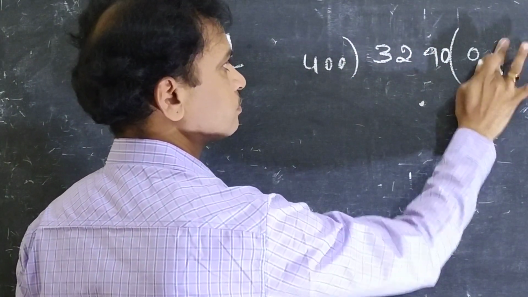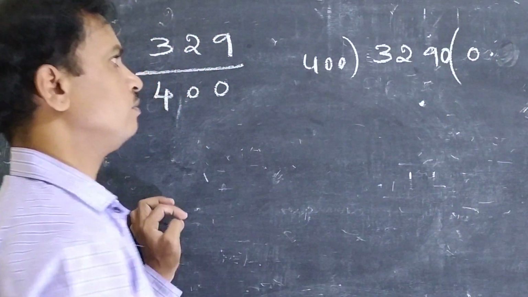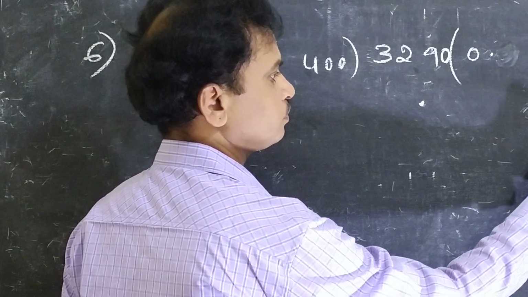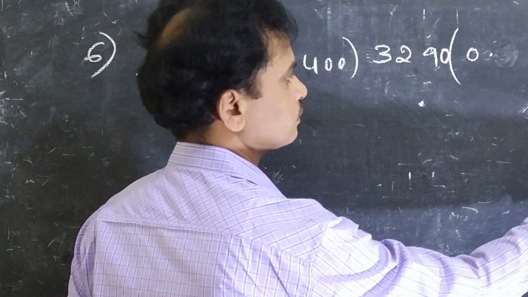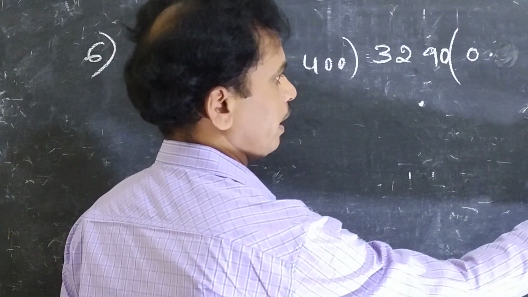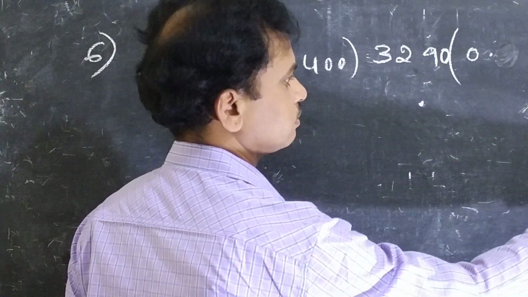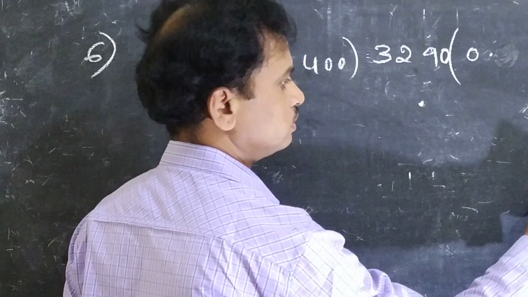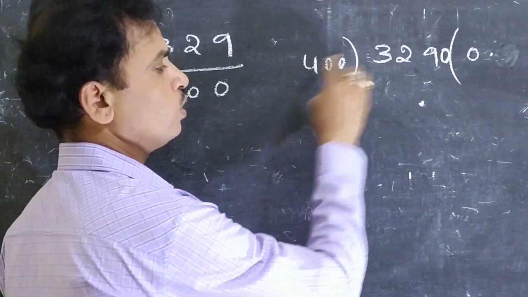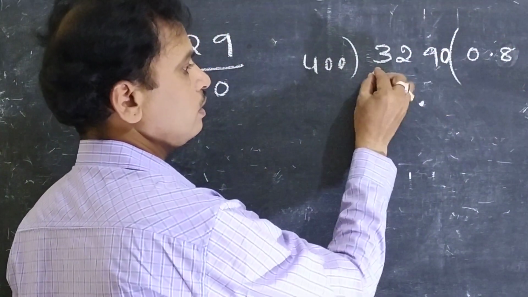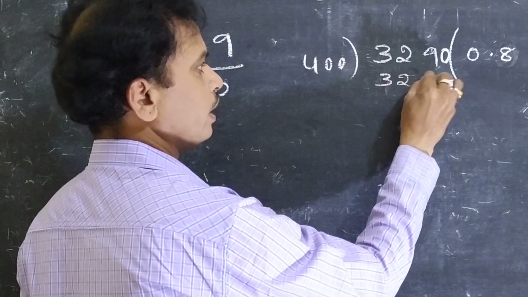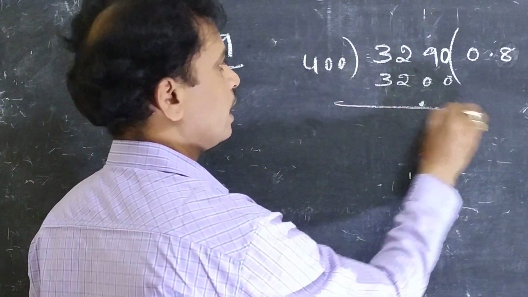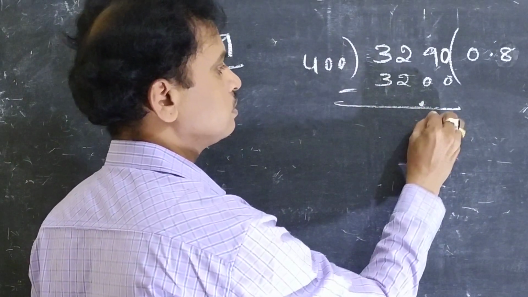Then 400 into 8 we can take here. 8 4s are 32. So 400 into 8 we can take 32. So then subtract here.